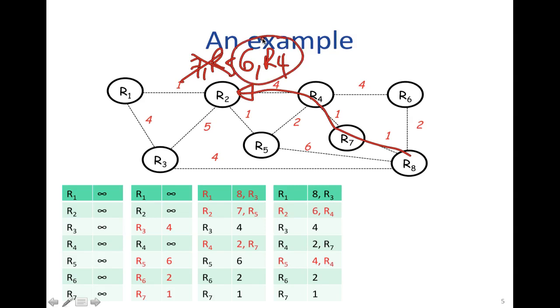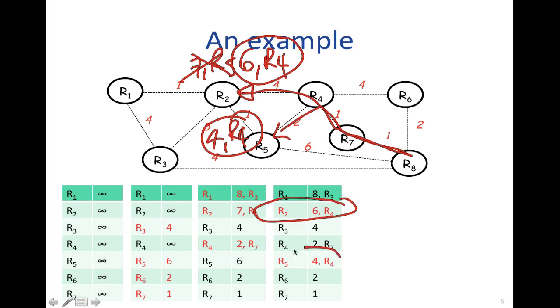So that's going to be its new value, and that's the one here. Similarly, R5 is going to learn about the 3-hop path, which goes via R4. It's going to learn about this one here. So previously, the lowest cost path was of value 6. Now it's going to learn one of cost 4, going via R4. So that's this entry here that it just learned about. So the first 3-hop path that was actually lower cost than the 2-hop path.